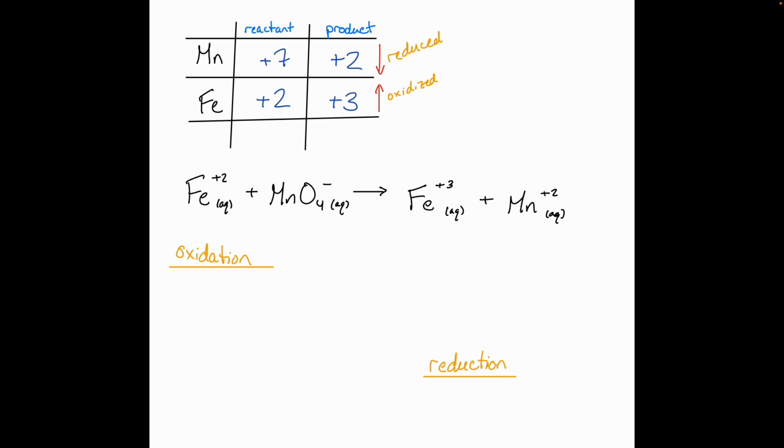My oxidation half reaction is going to contain the elements that we said were being oxidized. So my iron 2 becoming iron 3.